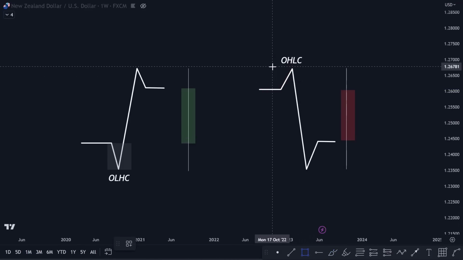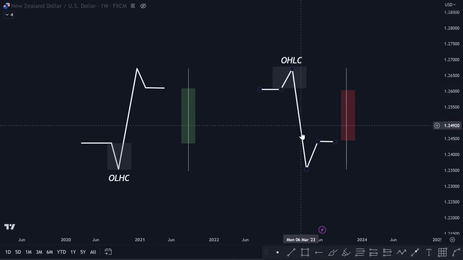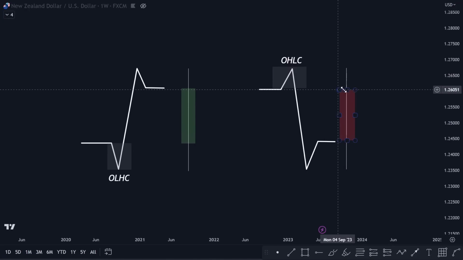So this is your manipulation here. Price expands to the downside, and then before closing, price retraces and closes here. This would be the weekly candle. It would look like this. Price opened here, went for a manipulation on the upside, started to go down, and then retraced to close here.